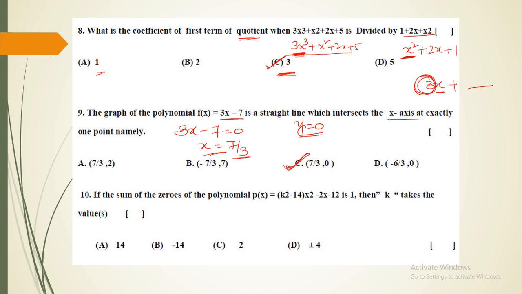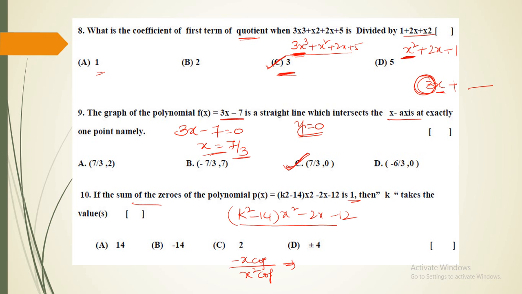Right. Next, what has he given? He has given k square minus 14 into x square minus 2x minus 12. For this polynomial, the sum of zeros is 1. Since the sum of zeros is 1, what is the formula for the sum of zeros? Minus x coefficient by x square coefficient. Right.